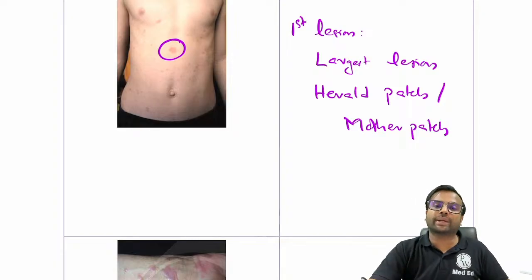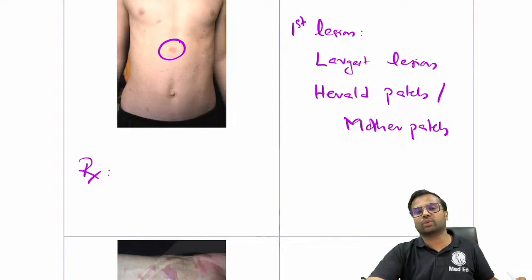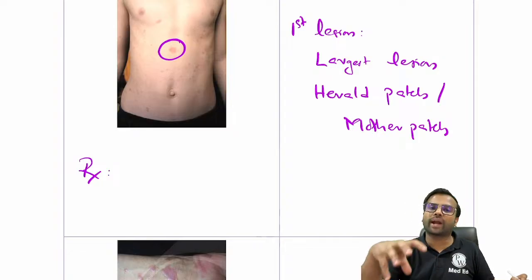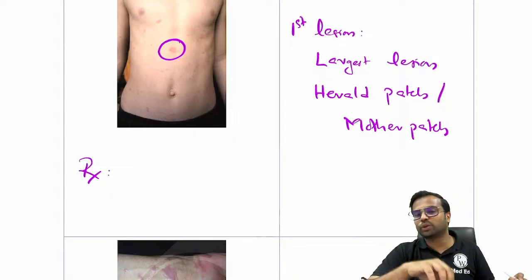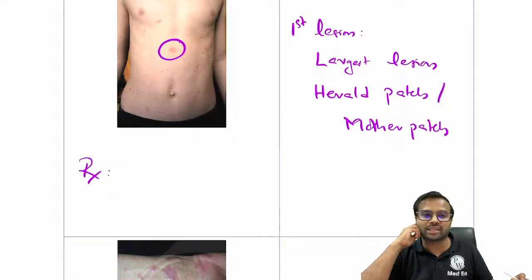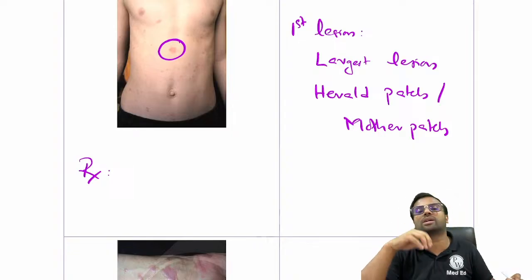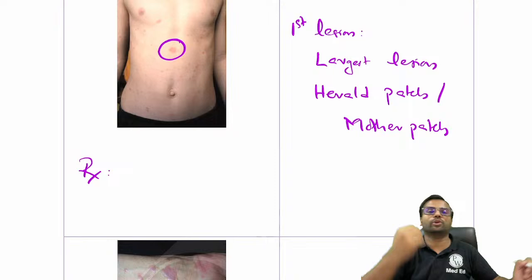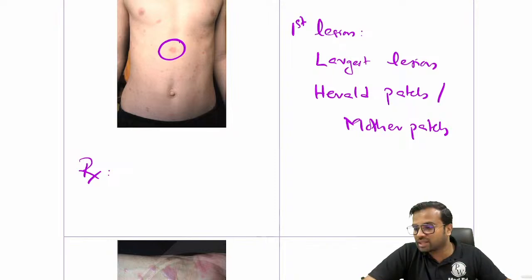And in case of pityriasis rosea, tell me, are you going to treat this patient with steroids or antihistamines or antibiotics? Or how are you going to treat this patient of pityriasis rosea? Would you like to use some steroid? Would you like to use some antihistamines? Or would you like to use some antibiotics? What is it? So why is Pooja saying no?